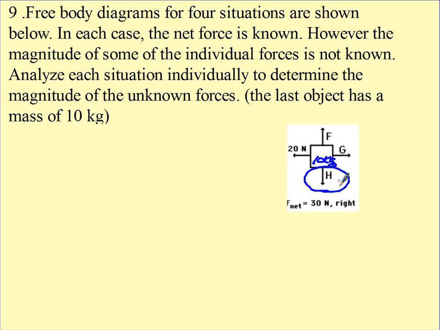And I have the mass. So let's come over here. I have a mass of 10 kilograms. And in this example, H is equal to the weight, Fg, which is mg. So H is equal to 10 times 9.8, or 98 newtons.